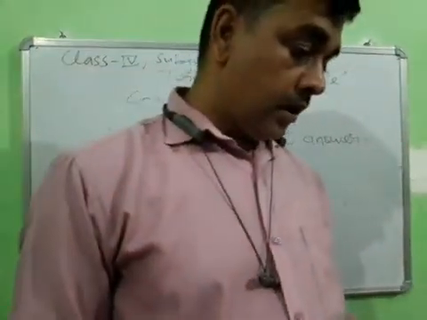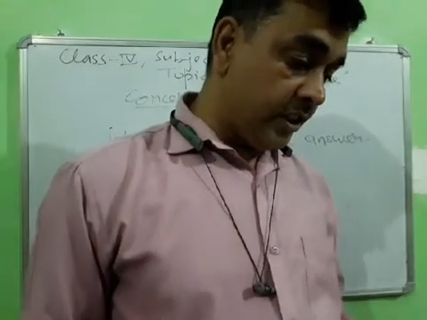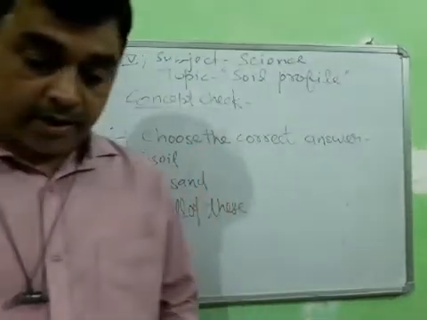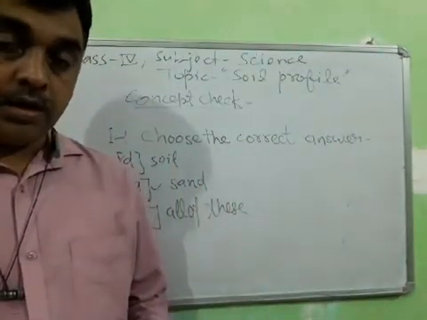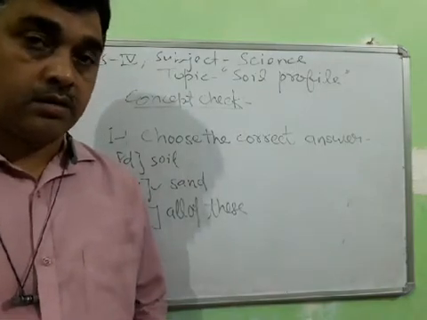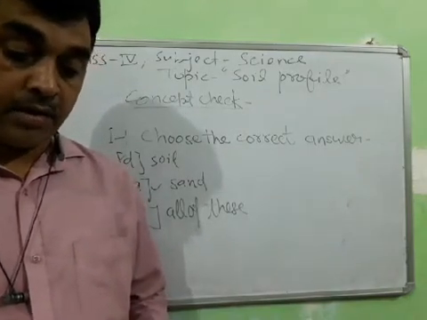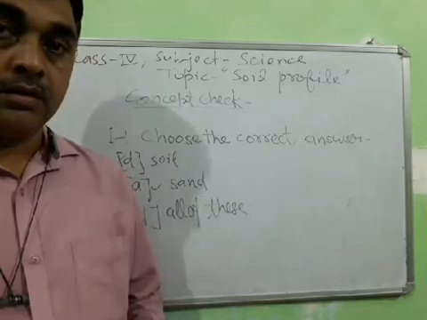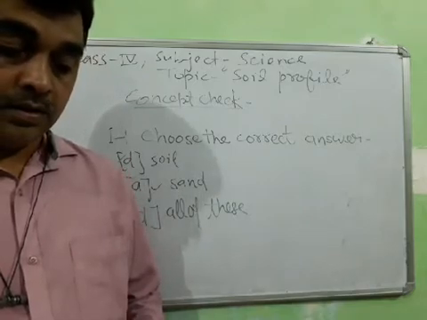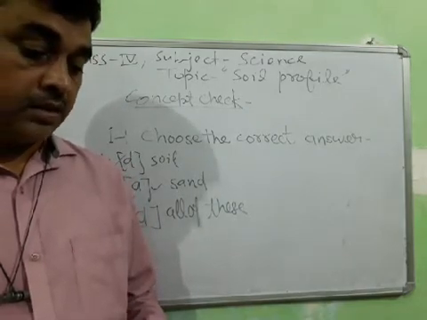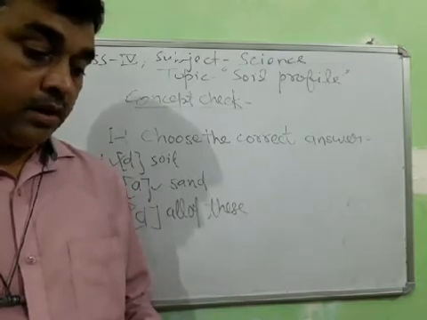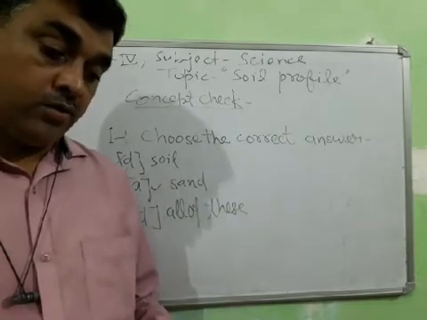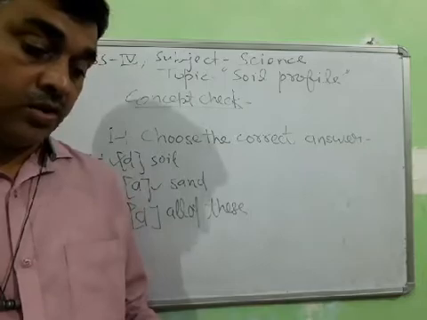Now the fourth question. The layer of soil rich in nutrients and organic matter is. In which layer, students? The nutrient value and organic matter is richest not in the O horizon. This is the A horizon, not the B horizon, not the C horizon.